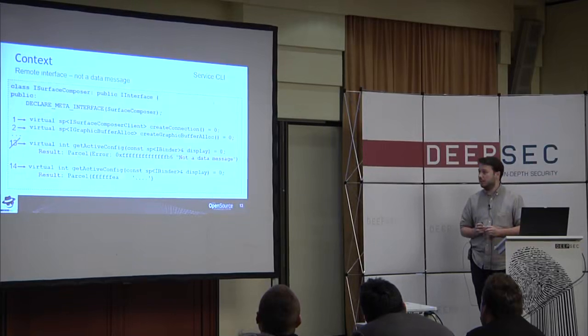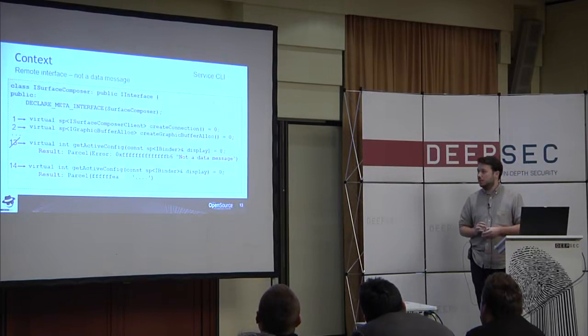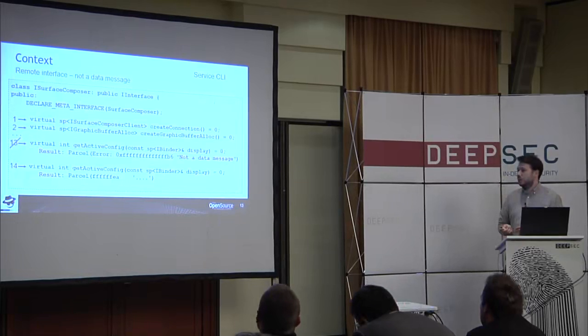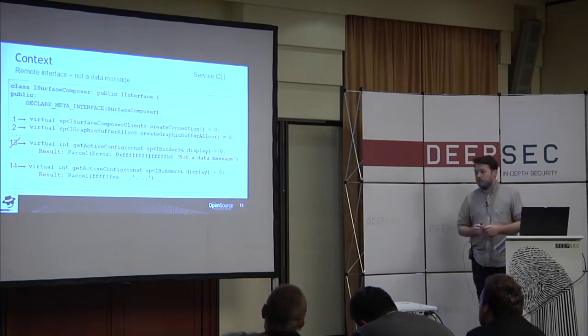For example, we have ISurfaceComposer, which is related to the SurfaceFlinger process. We have the method number 13. When we call service call SurfaceFlinger, 13, we get the same error message, like not a data message.